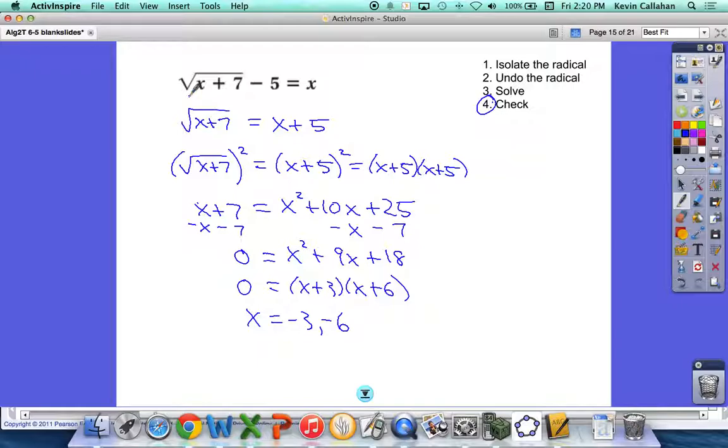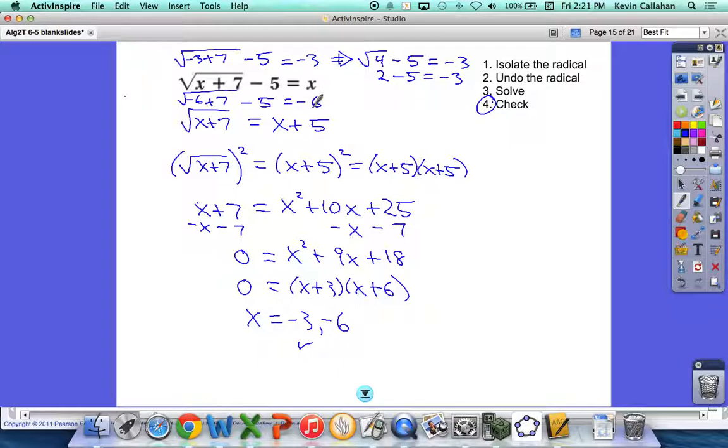So I'll do the -3. I'm going to do it right here. The square root of -3 plus 7, minus 5, equals -3. That tells you the square root of 4 minus 5 equals -3. 2 minus 5 equals -3. Is that okay? Sure. So that checks. Okay, now try the -6. The square root of -6 plus 7, minus 5, equals -6.